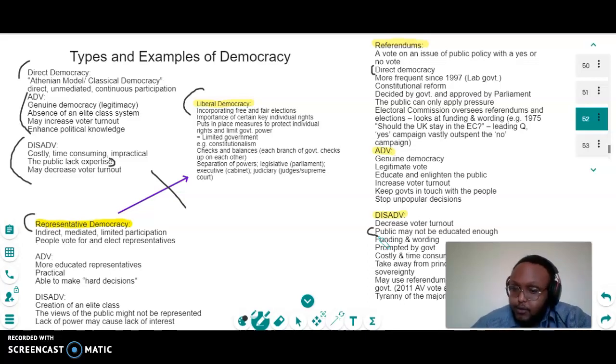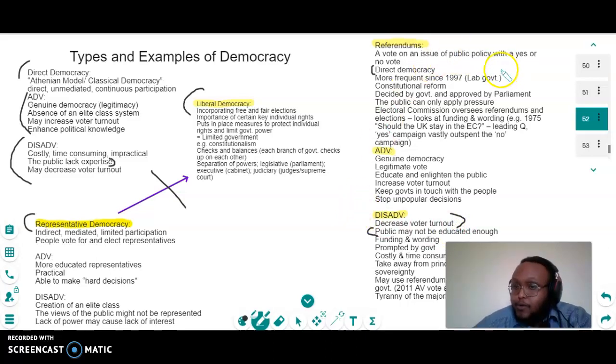So, for instance, this was a very big criticism of the Brexit referendum because Remainers, people that wanted to remain within the European Union, were arguing that the public was misled and they did not have the sufficient educational knowledge, economical knowledge, to decide whether it would be beneficial for Britain to stay within the European Union or to leave it. It also might decrease the turnout if it happened regularly.